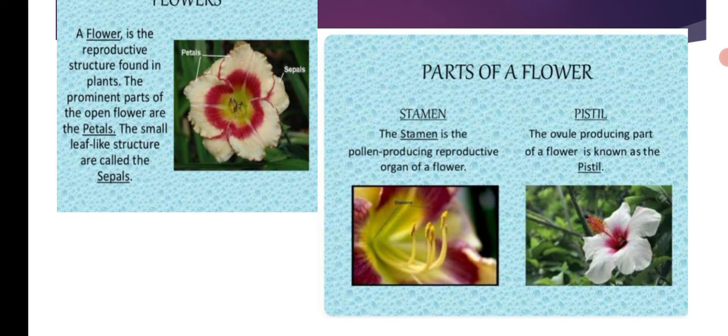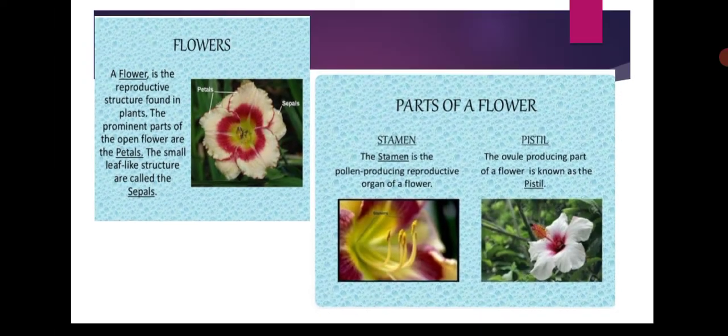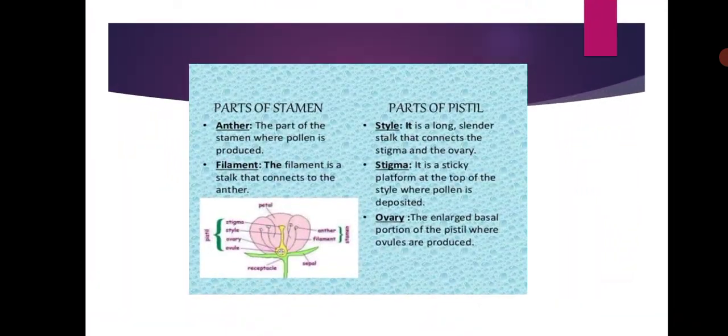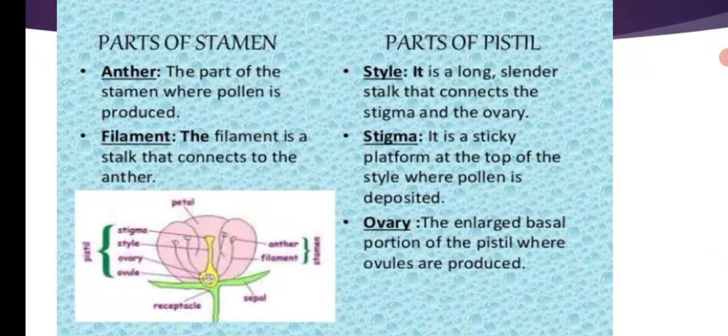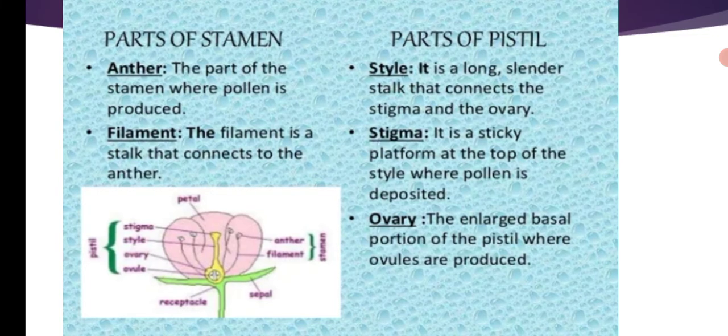Gynoecium contains three parts: stigma, style and ovary. Here in the stamen, anther contains pollen grain, that is the male gamete. And in the female pistil, the ovary contains the female gamete.